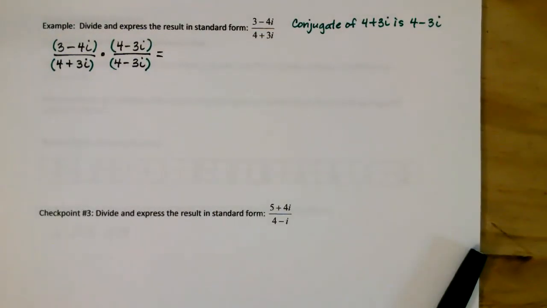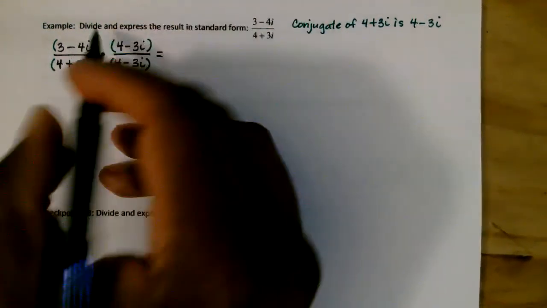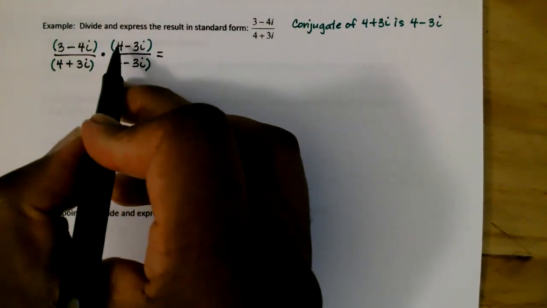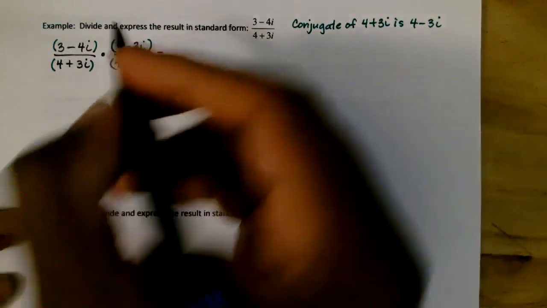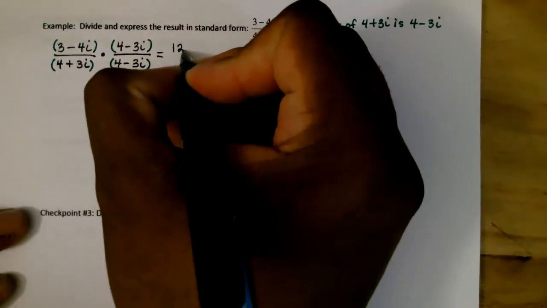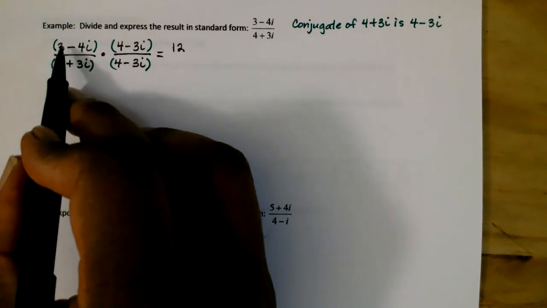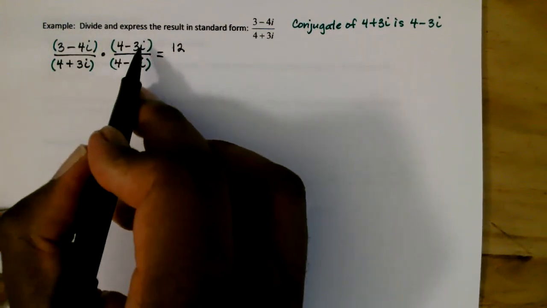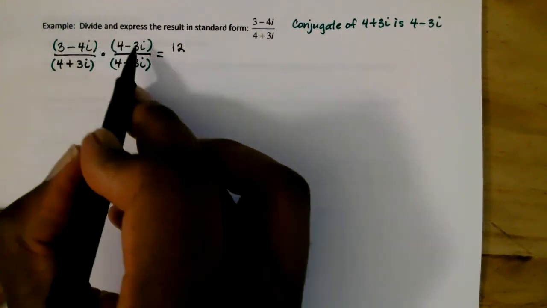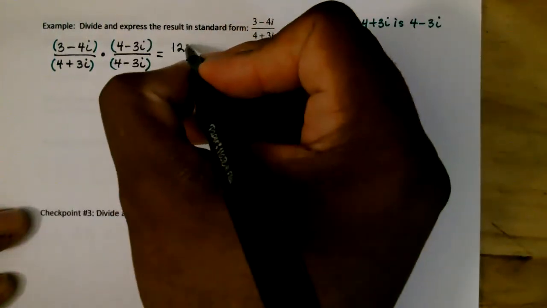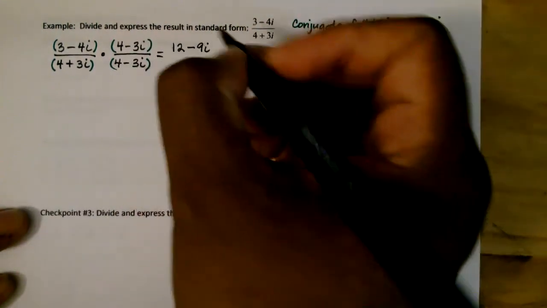In the numerator, you're going to have to use the FOIL method. So in this case here, the first term times the first term, 3 times 4, that's equal to 12. The outer will be 3 times a minus 3i, which will be a minus 9i.